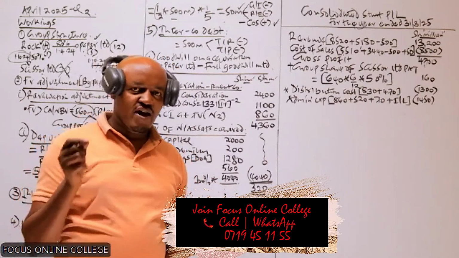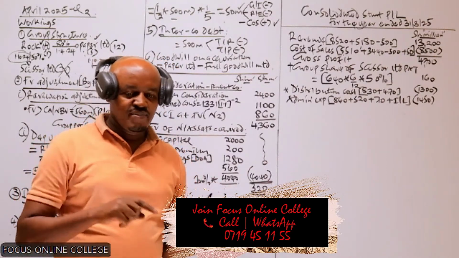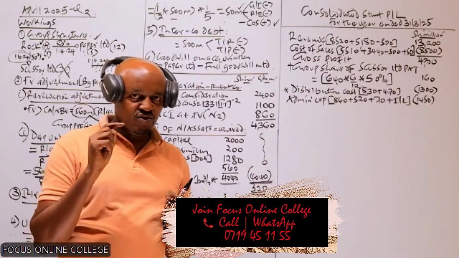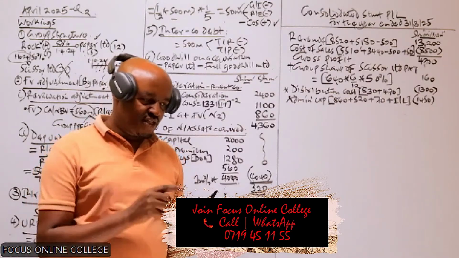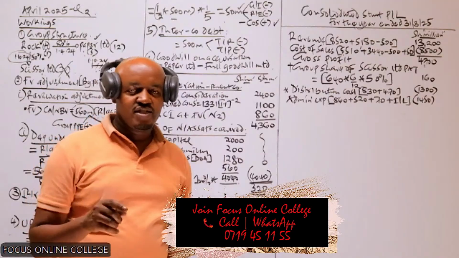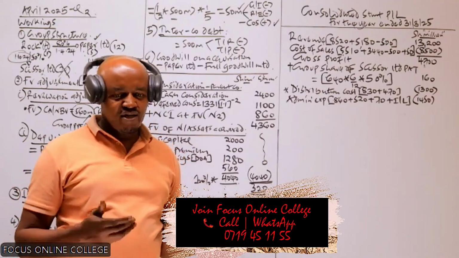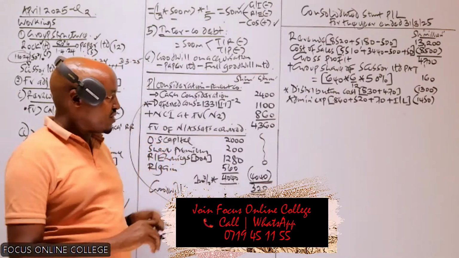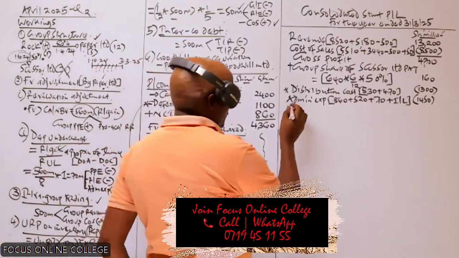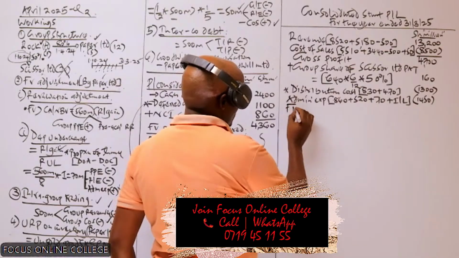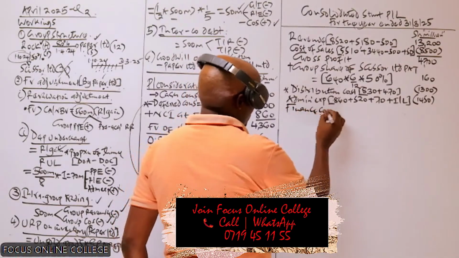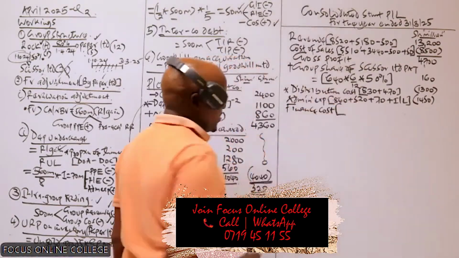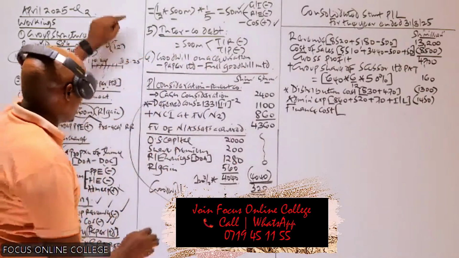In the process of amortizing a liability, there is something which arises, which is known as interest. If you're amortizing a loan, or even a financial liability, there is something known as interest. So that interest is recognized here as part of the finance cost. So the finance cost will basically be the interest on this deferred consideration.